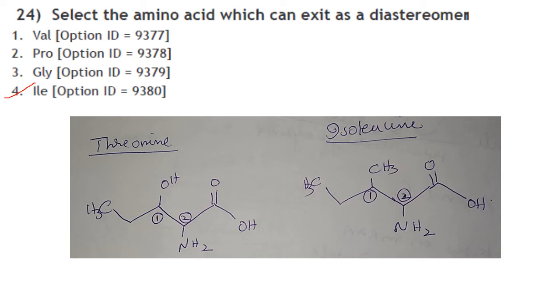So you can see that here I have written it as 1 and 2, which are the chiral carbon atoms. Then another amino acid that exists as diastereoisomer is threonine. It is also having 2 carbon atoms which are chiral. So the answer here is option 4, that is isoleucine.